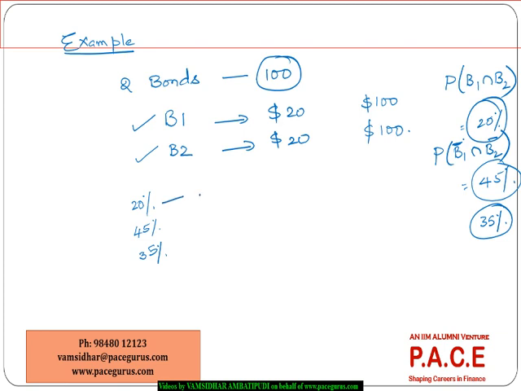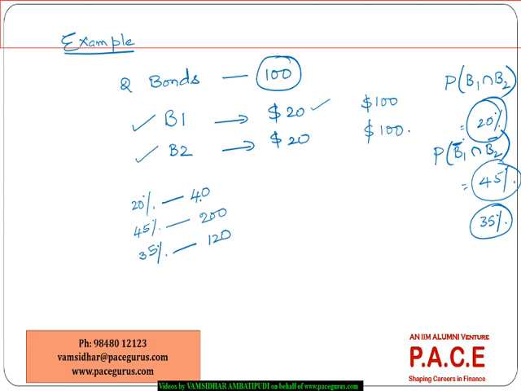If both of them default, the worth is 40 bucks. If none of them default, the worth is 200 bucks. And if one of them defaults, the worth is 120, because one of them will become 20, the other one will be 100. Now from here, I can find out the mean.